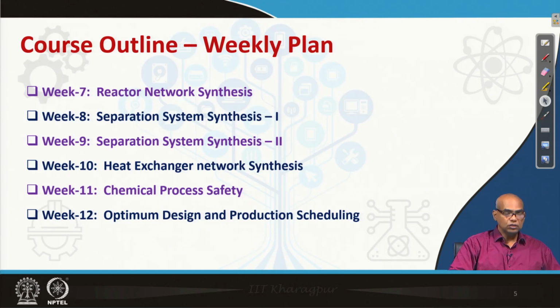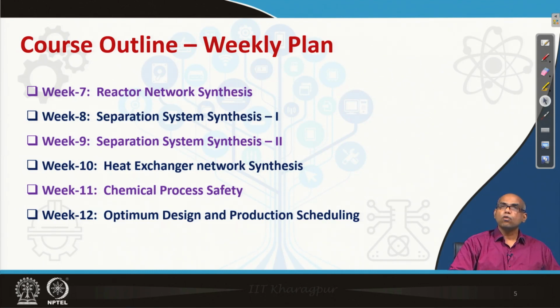Next, from week 7 to week 12, we will see reactor network synthesis in week 7. We will learn how to synthesize chemical reactor networks. Then, in weeks 8 and 9, we will talk about synthesis of separation systems.